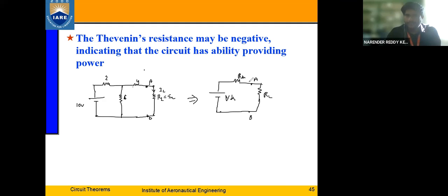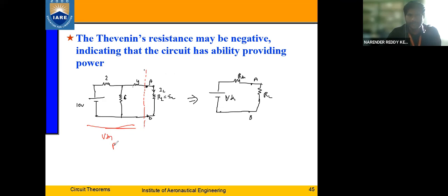Now, see, I want to replace this whole circuit with only two elements. What are the elements I want?